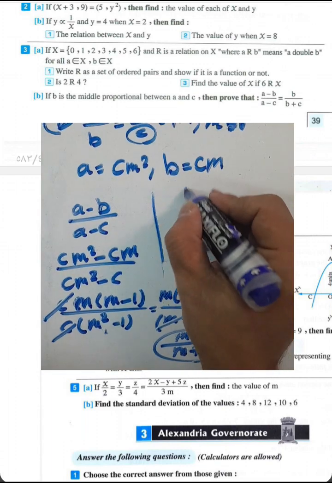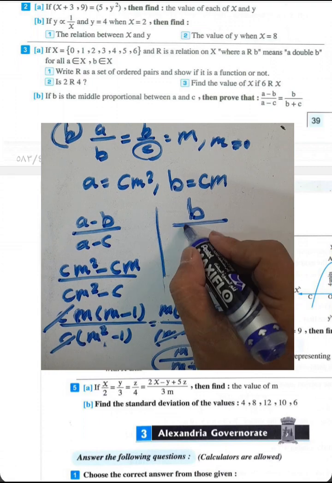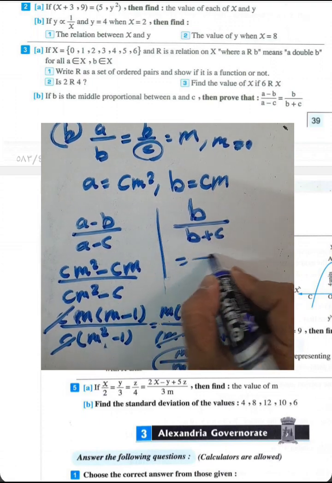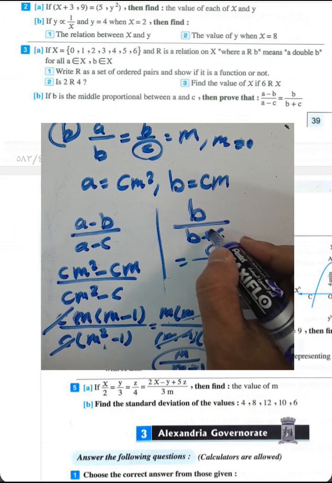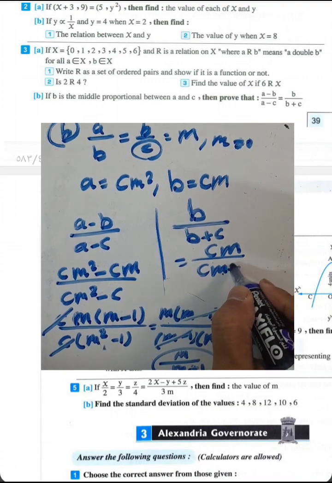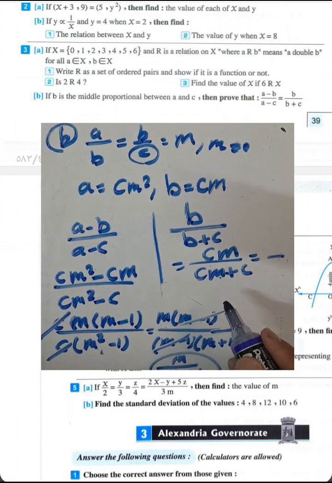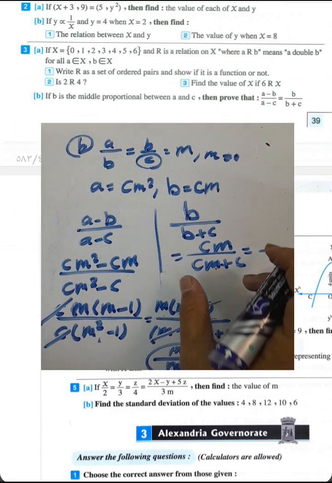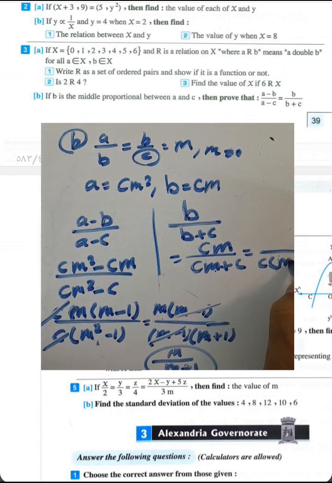And we have B over (B plus C). B equals Cm, so B plus C is Cm plus C. Take C as common factor in the denominator: C times (M plus 1) over Cm.